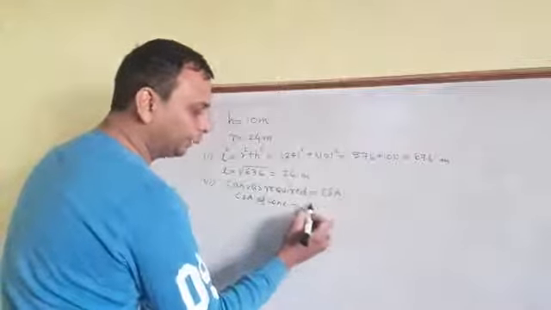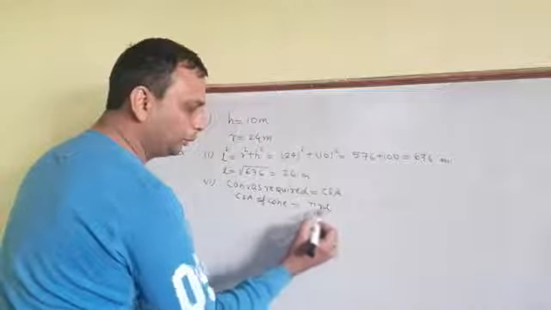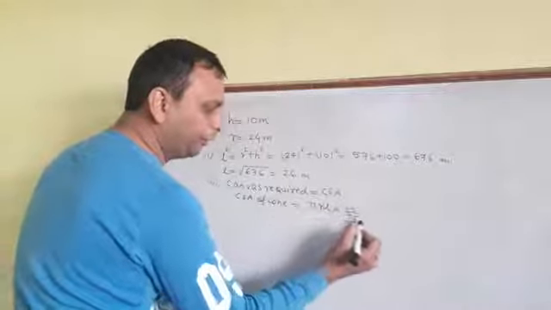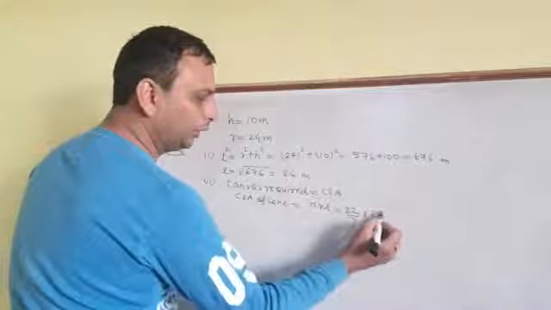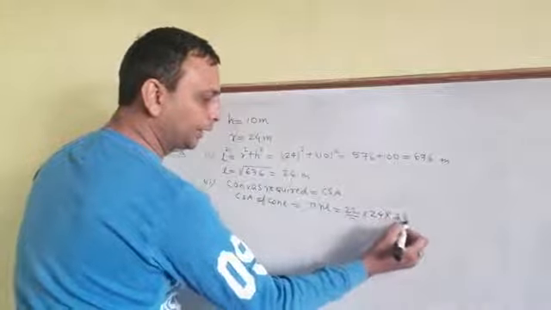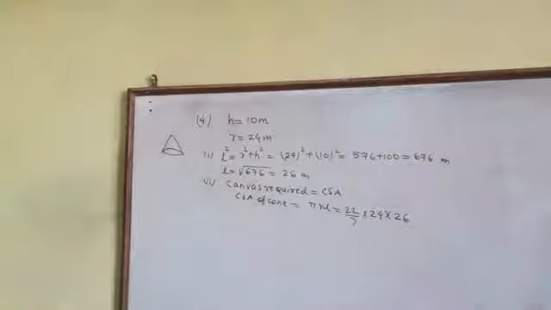The pi value is 22 upon 7. R is 24 and L is 26. So this is the curved surface area of the cone.